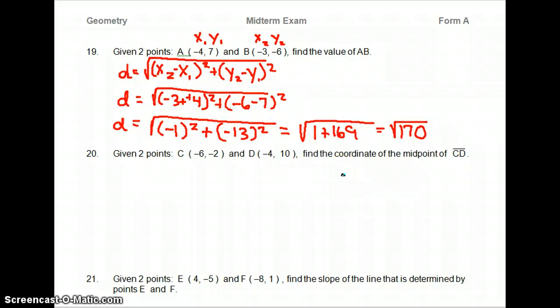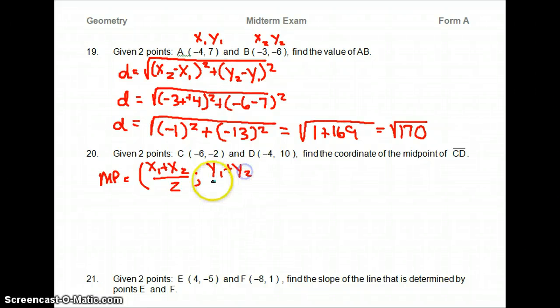Number 20. Given 2 points C and D, find the coordinates of the midpoint of CD. Okay. Formula for midpoint. The midpoint is x1 plus x2 divided by 2, y1 plus y2 divided by 2. We're just looking for the average value of x and the average value of y.